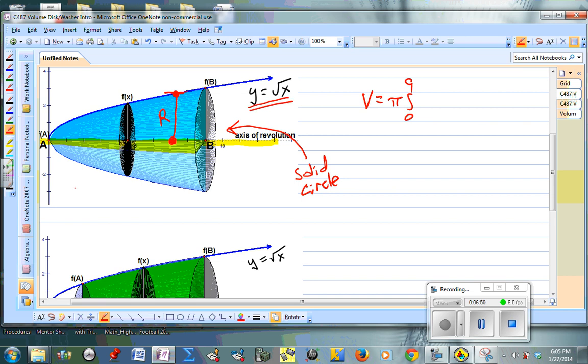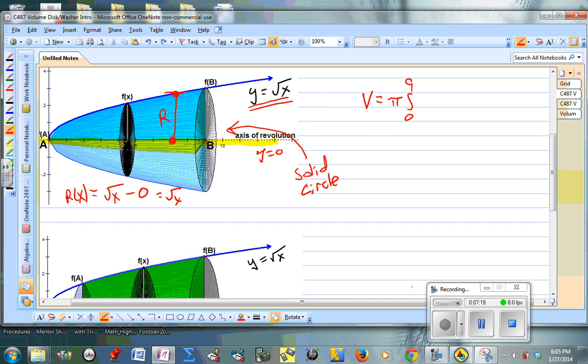So we can determine that r of x, in this case, is going to be the top, root x, minus the bottom. What defines the bottom of our radius segment? Well, that's the x-axis, and the x-axis has the equation y equals 0. So top minus bottom. Our radius function is going to be expressed as square root of x minus 0. We know this is just root x.